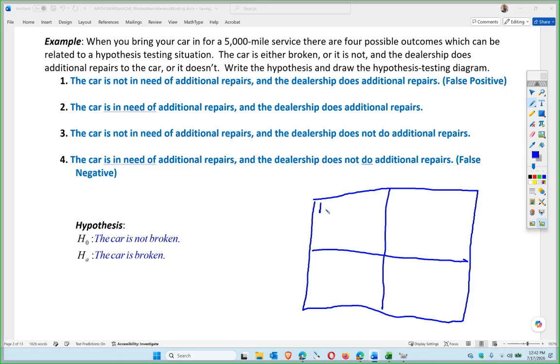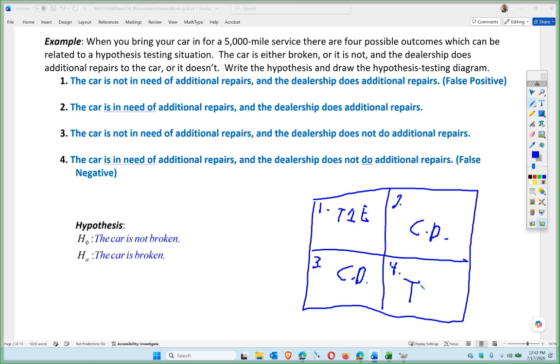So we have decision type 1, type 2, type 3, type 4, right? So this is the correct decision. This is the correct decision. You can write the whole word in there if you want. This is a type 1 error.